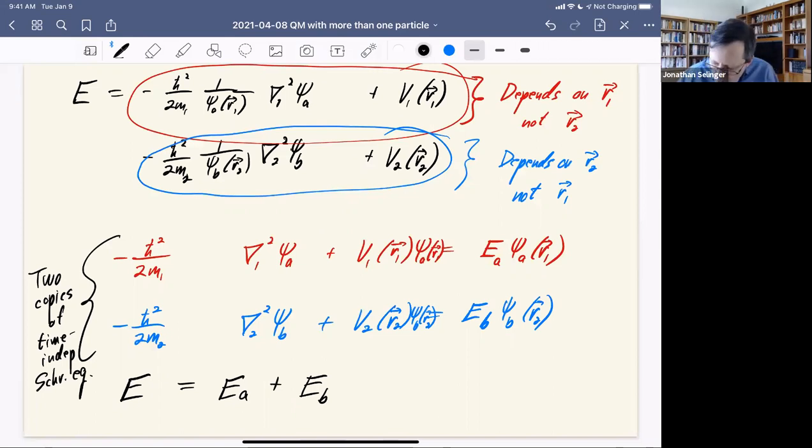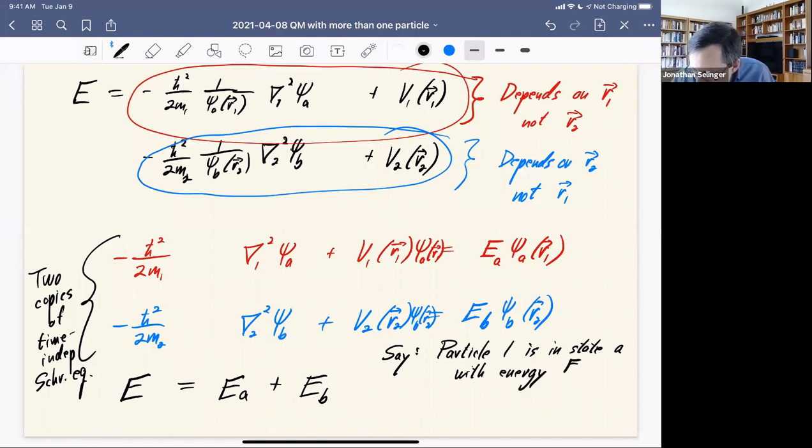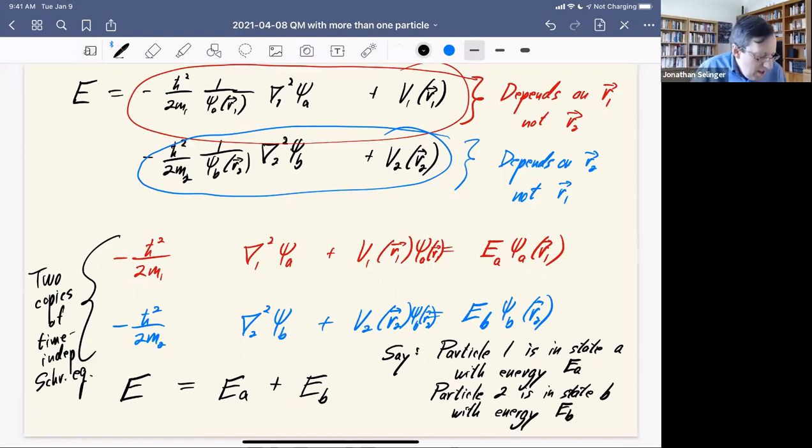So in this situation, we would say particle 1 is in state A with energy E sub A, and particle 2 is in state B with energy E sub B. And so this E is the total energy.